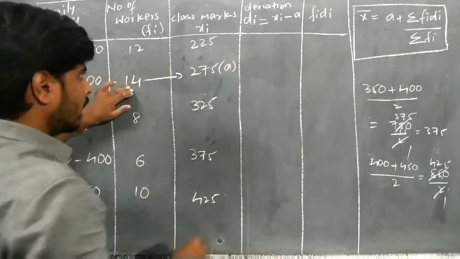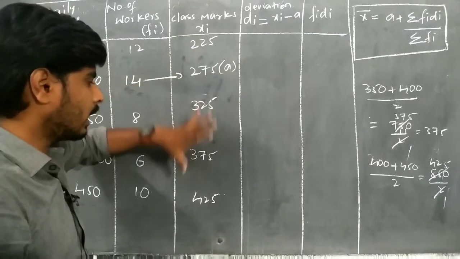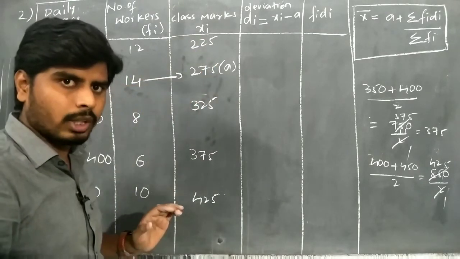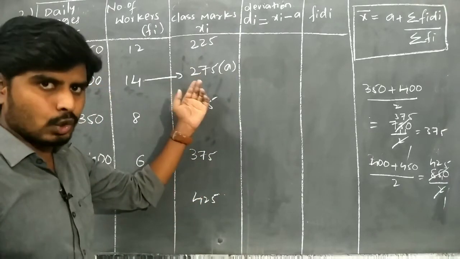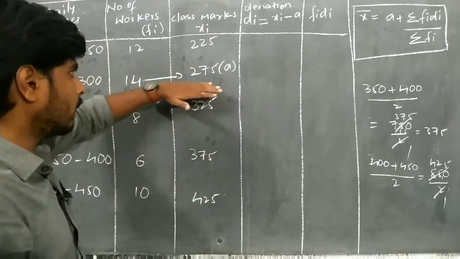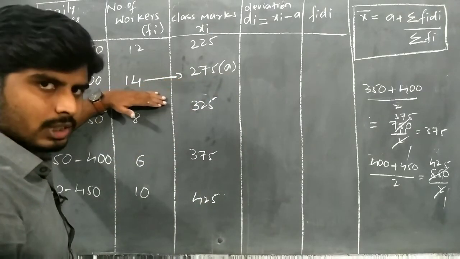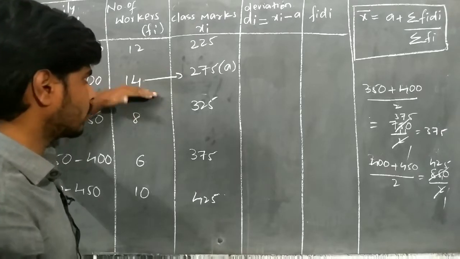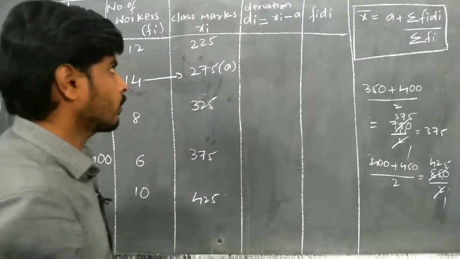Generally we take the class mark of the highest frequency, but we can take any value of xi. The mean also comes according to this assumed mean only. This is my a. Why am I taking this? Due to the highest frequency. This is the highest frequency, that is why I am taking this as a. This is our assumed mean, okay, right.